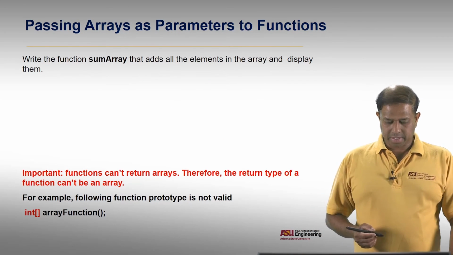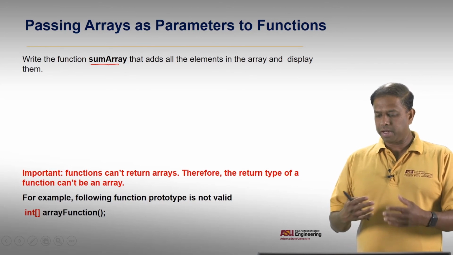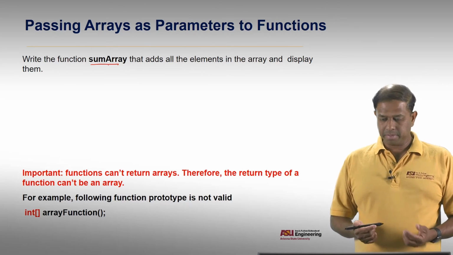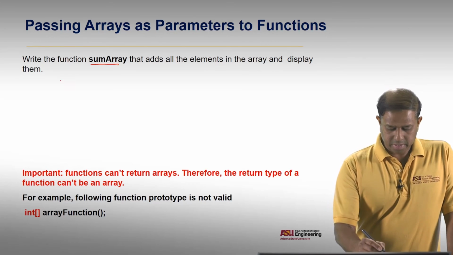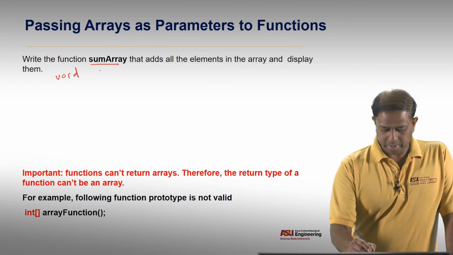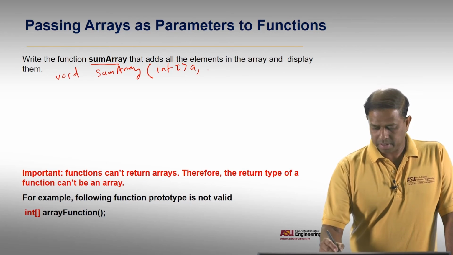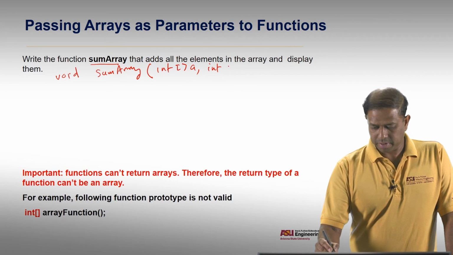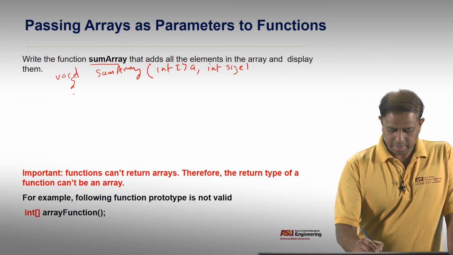Okay, so here is another example. Write a function sumArray that adds all the elements in the array and then displays them. So that's very similar to the previous one. So here again, we take the array and the array size as parameters. So we call it sumArray, and then it's going to be an integer array a as a parameter, and then we need to have an integer parameter that specifies the size of it.